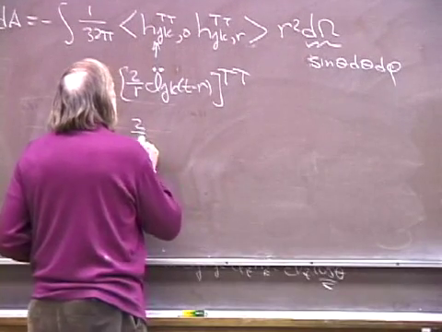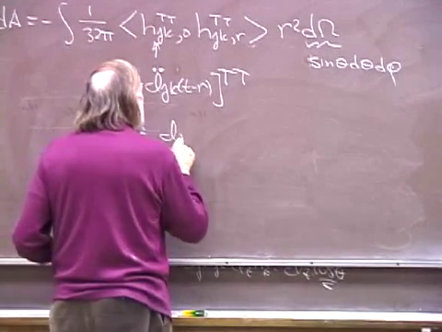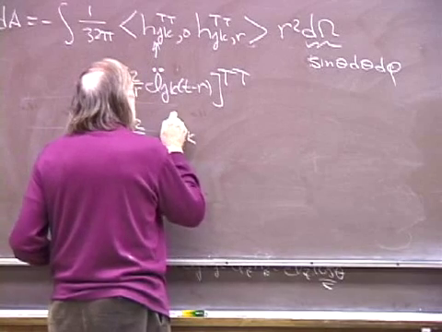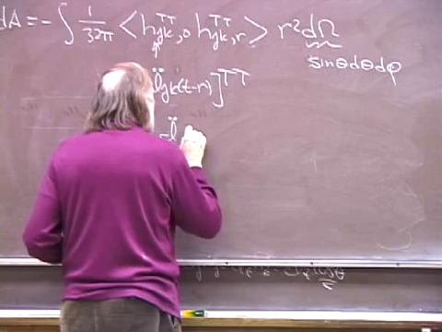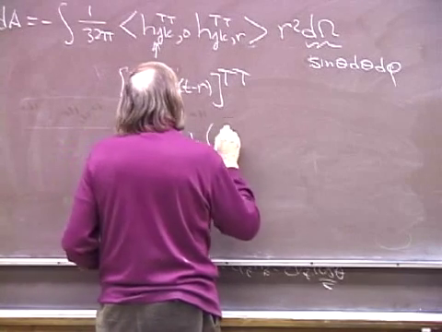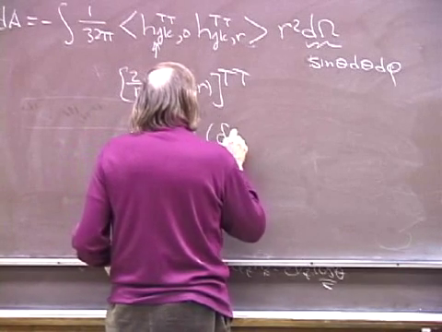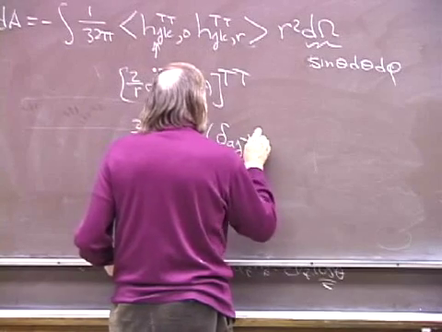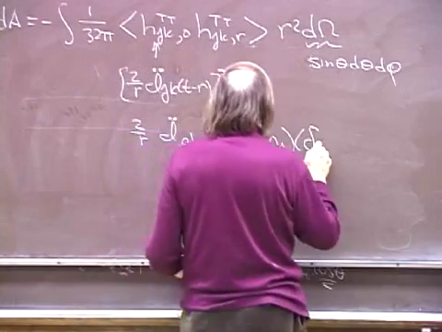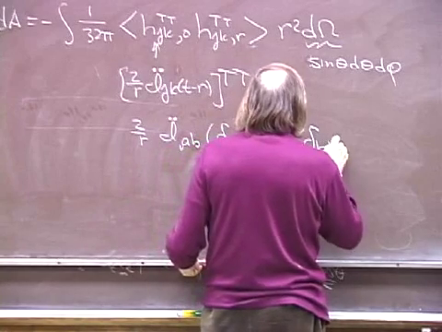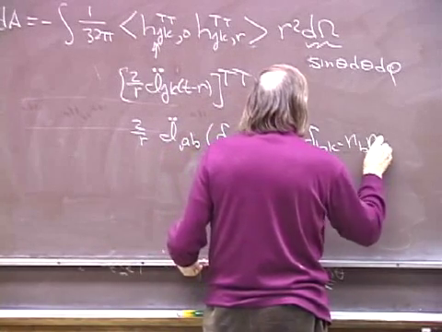That's 2 over r I_jk double dot. Let me write that as I_ab double dot, times delta_aj minus n_a n_j, delta_bk minus n_b n_k.